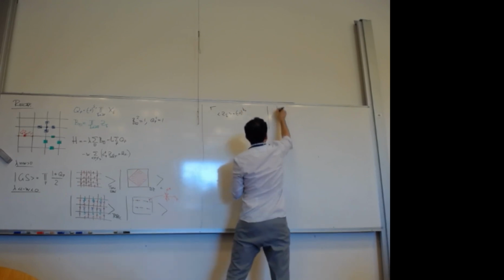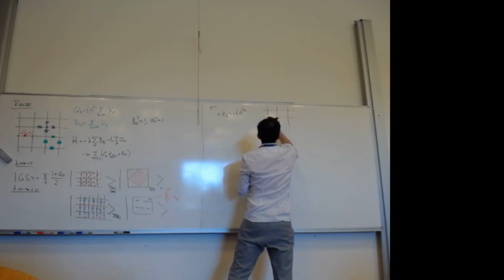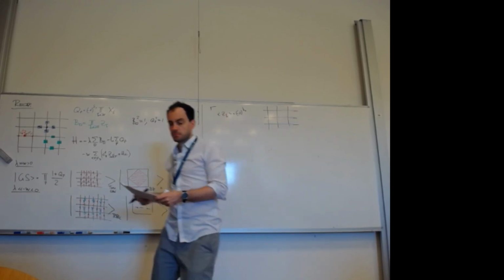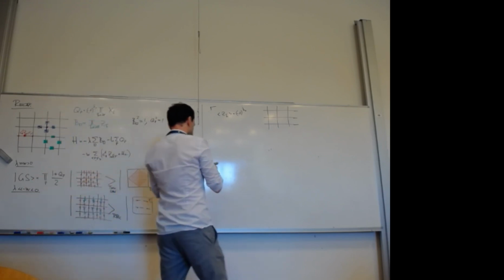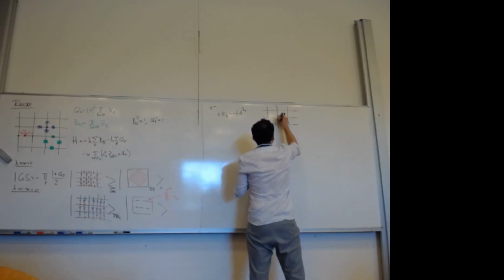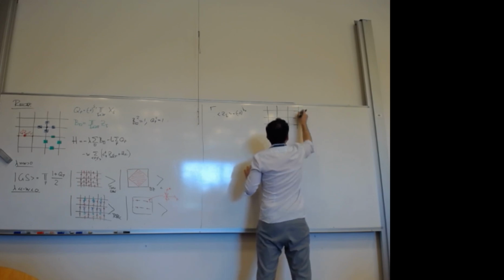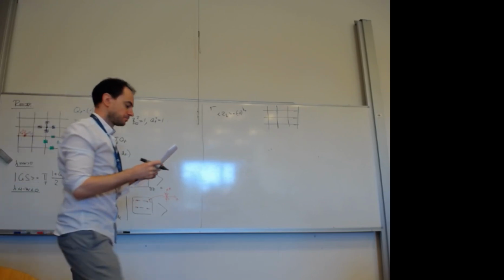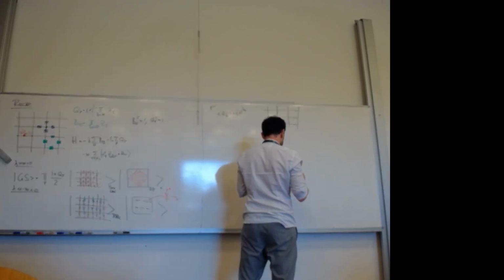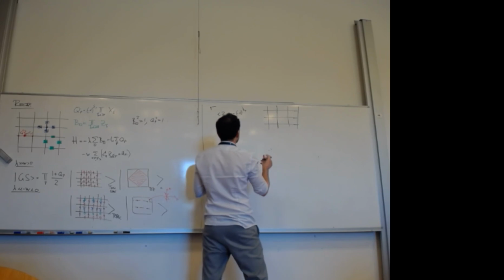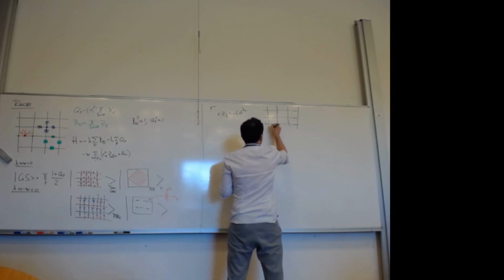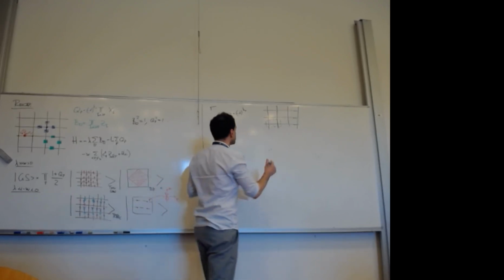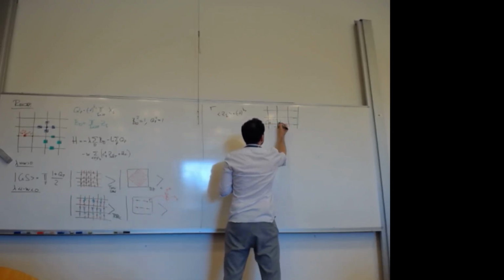So this is a different gauge, as I just said. This is a gauge where we have the minus signs on the vertical links. And then we choose a unit cell, which is this. You have 2 items in the unit cell.